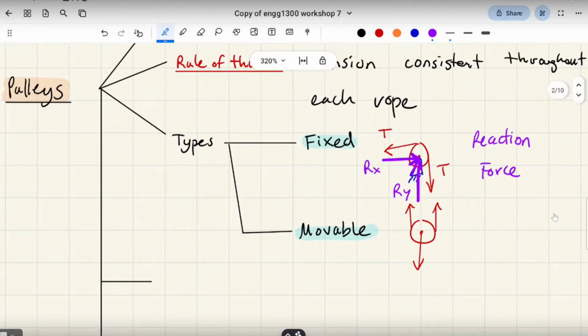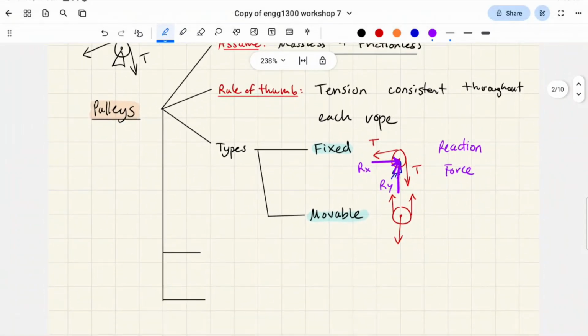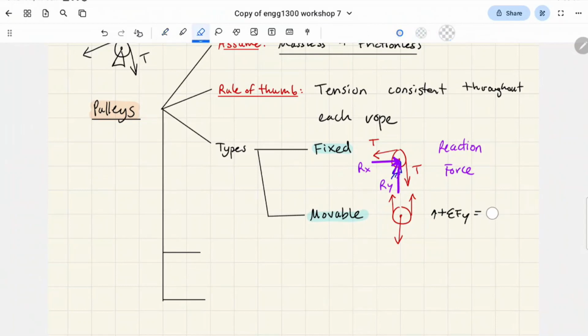All right. Next, there's movable ones. Again, this is a free body diagram cut of a pulley which is subject to moving up and down, for example, right? For these ones, you can sum the forces. In this case, we'll do the sum of the forces in the y direction. We'll say there's no acceleration, so it's in static equilibrium.